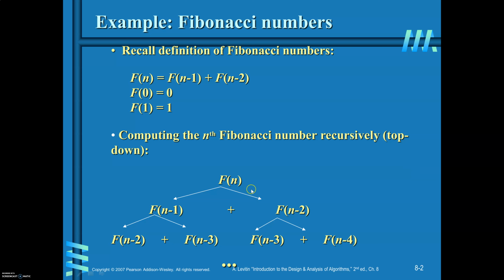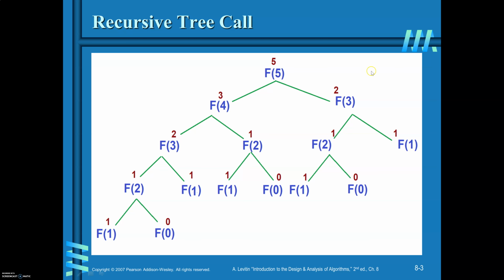So this is called top-down approach. When you do like this, you will be having many overlapping subproblems. So you are solving these subproblems more than once. For example, here, when you want to find the fifth Fibonacci number, it will be called for F4 and F3.